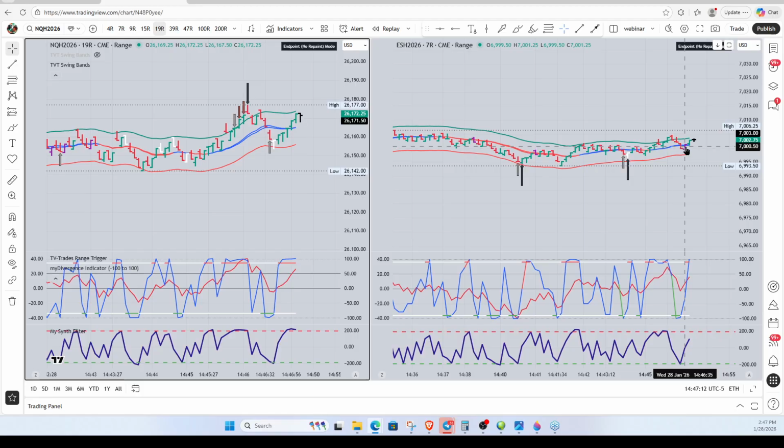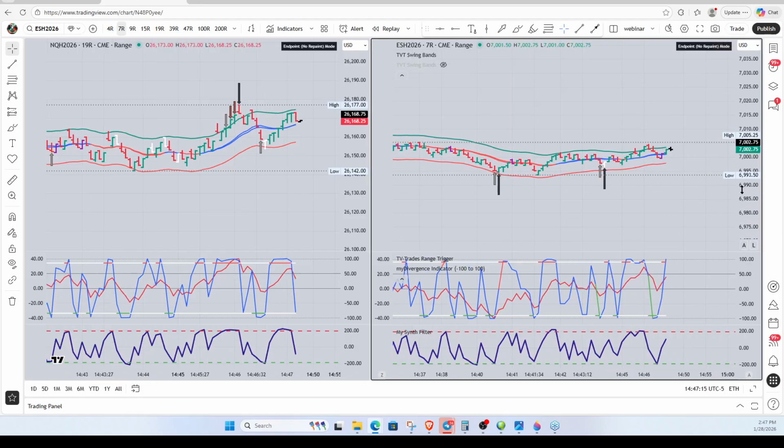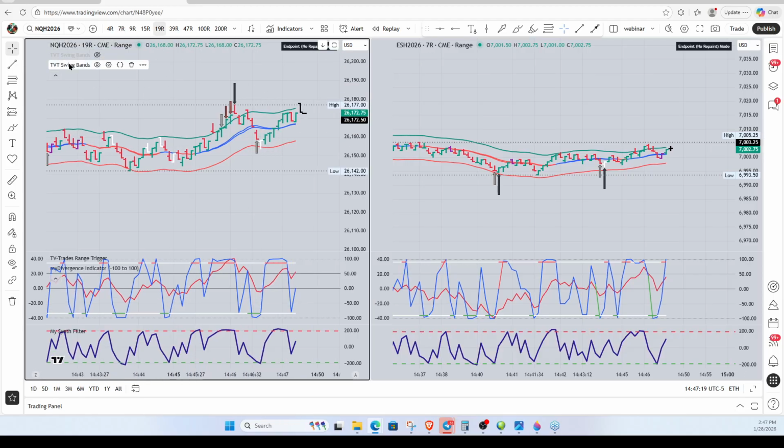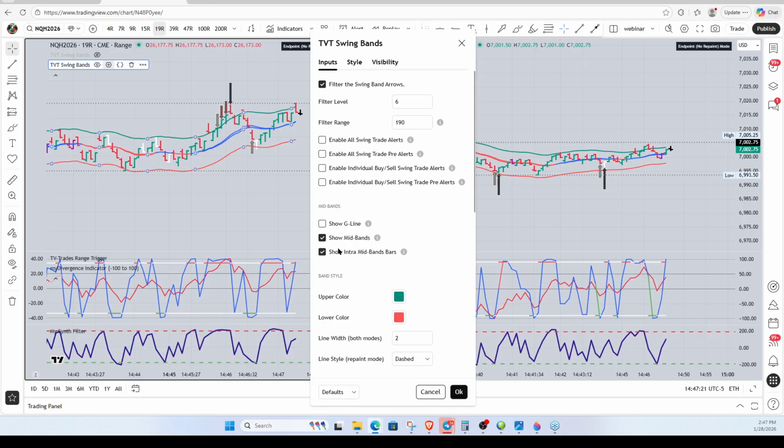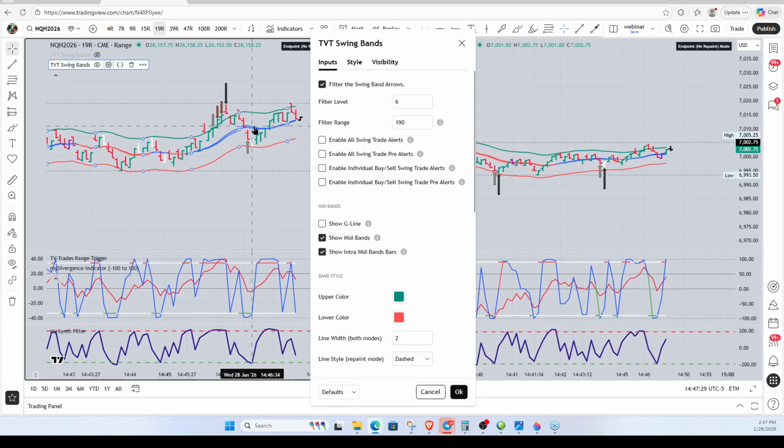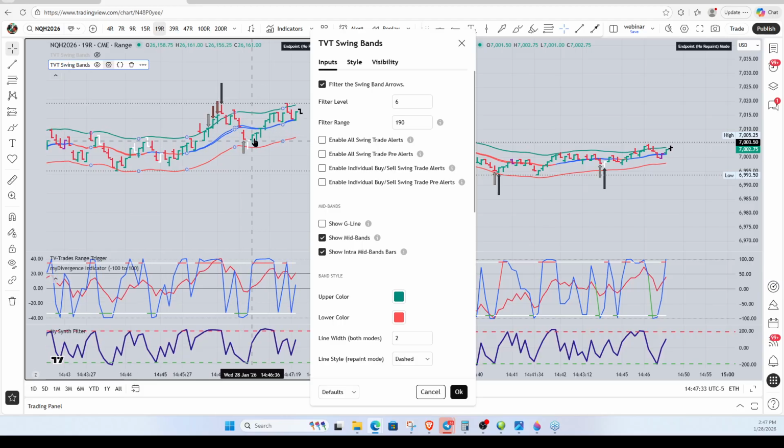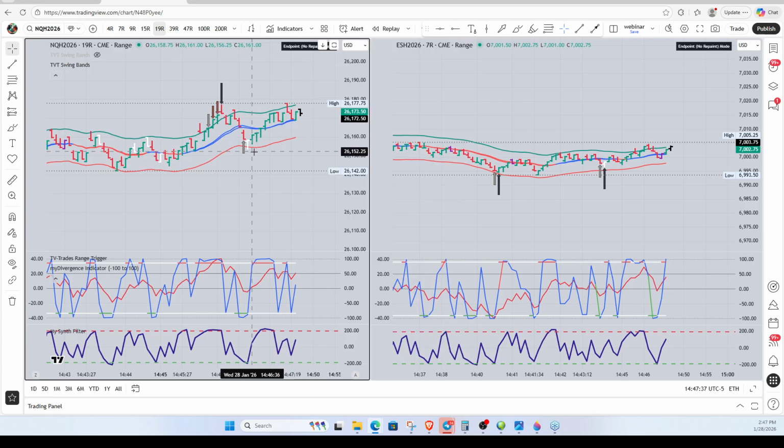Alright, there was a purple arrow here. For those of you guys who don't know, if you weren't here, like Blake, you weren't here last week, the white arrows are mid-band trades. These are the intra-mid-band trades. They happen when you have blue here, price comes down here, and the bar price stays in between this range, okay?